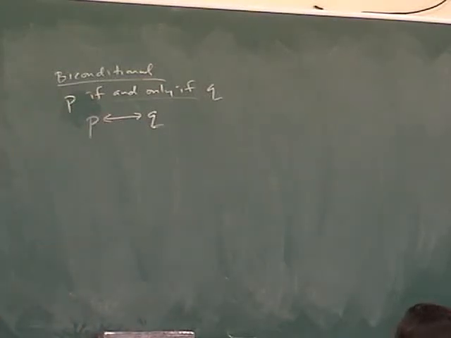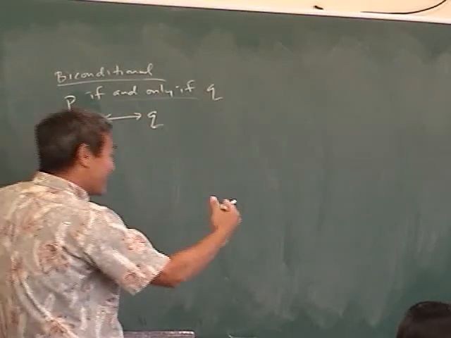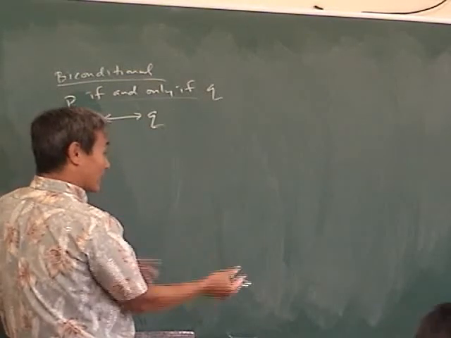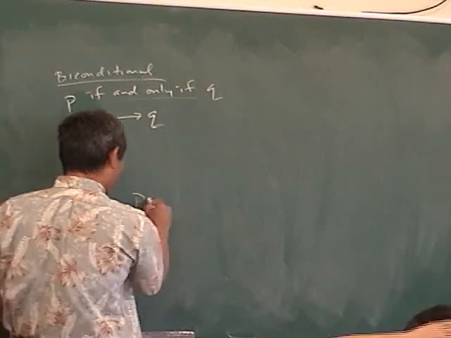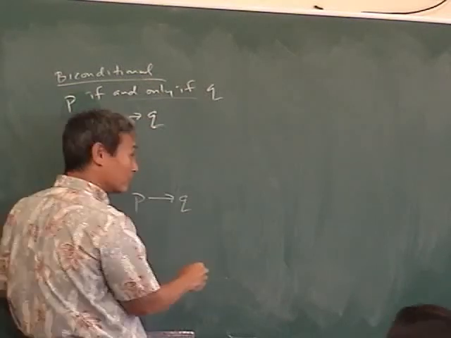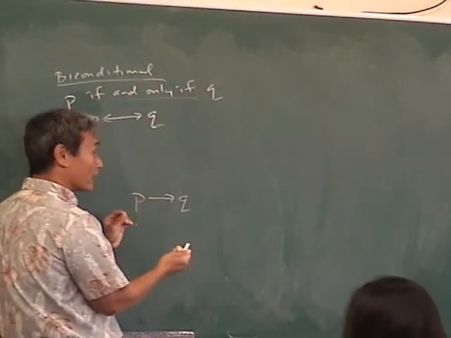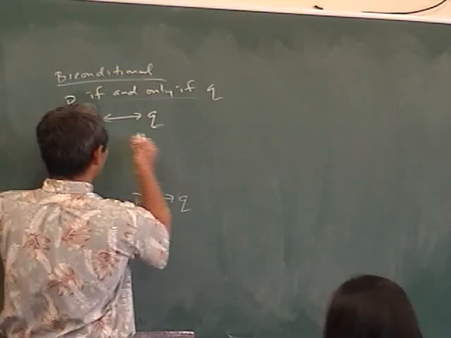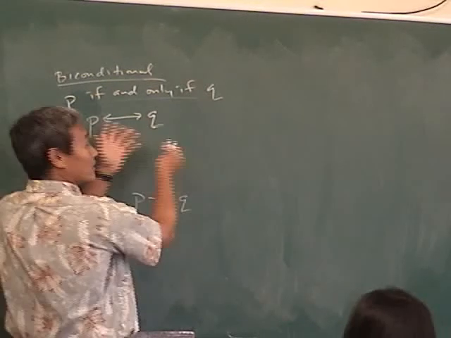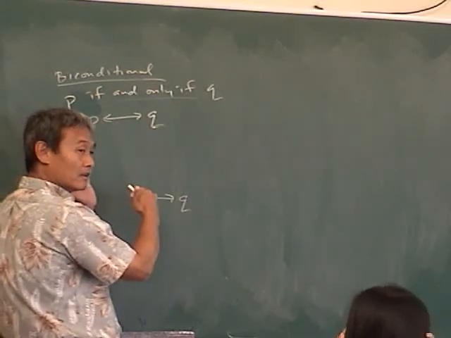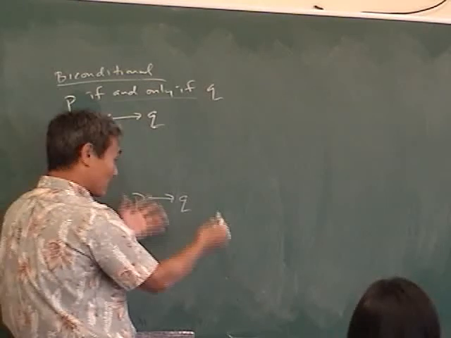Why do you think? Because it's biconditional. A conditional arrow only goes one way, like this: P implies Q, if P then Q. But a biconditional can go either way. You can go if P then Q, but you can also go if Q then P. And that's why they call it the biconditional.